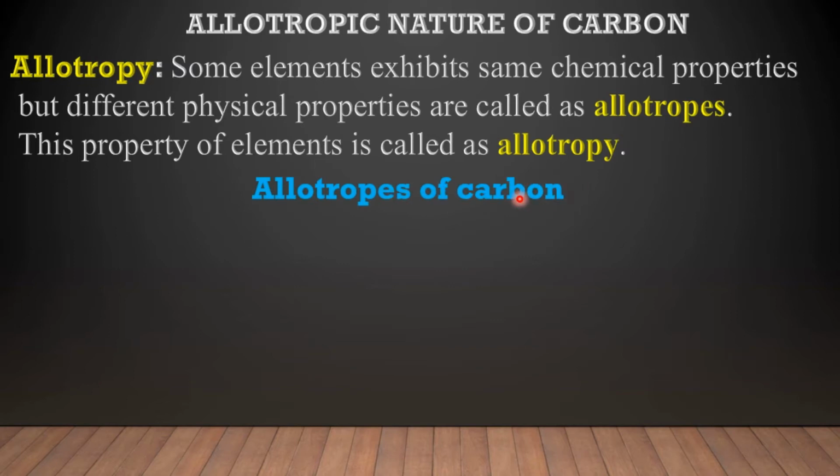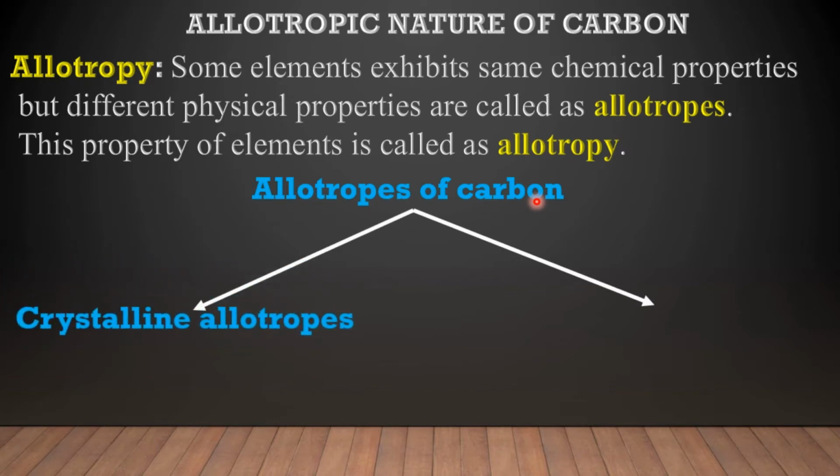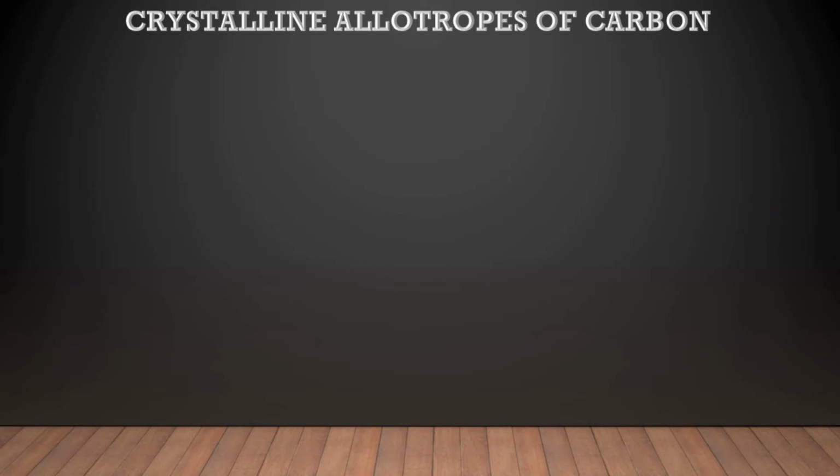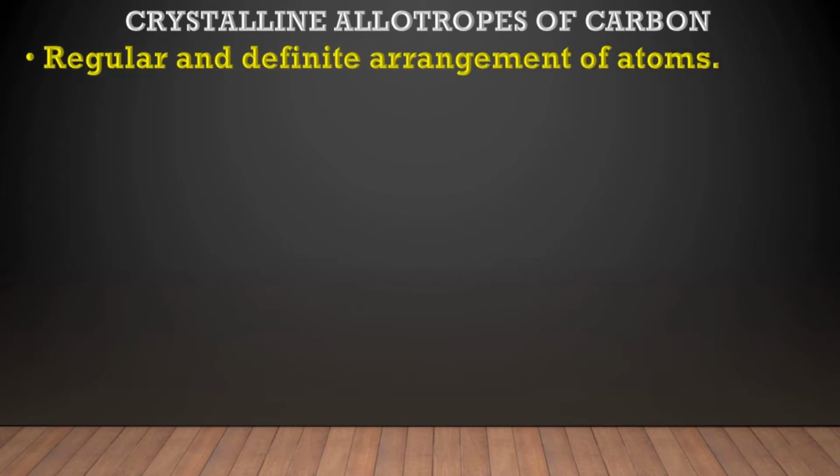Allotropes of carbon are majorly divided into two types: crystalline allotropes of carbon and non-crystalline, or we can also say amorphous allotropes of carbon. Crystalline allotropes of carbon have a regular and definite arrangement of atoms in them.